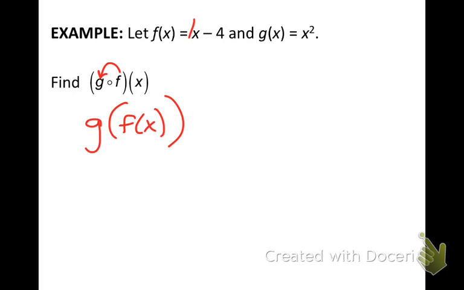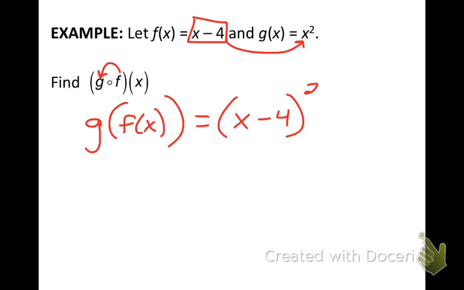I'm going to physically put in place of my x my whole entire f of x function, which is x minus 4. So that becomes x minus 4 squared. Wrap your brain around what just happened. We physically put my f of x function in place of the x in the g function.